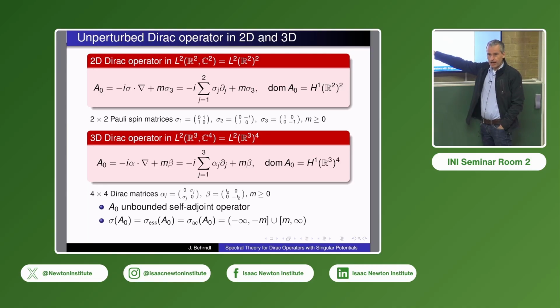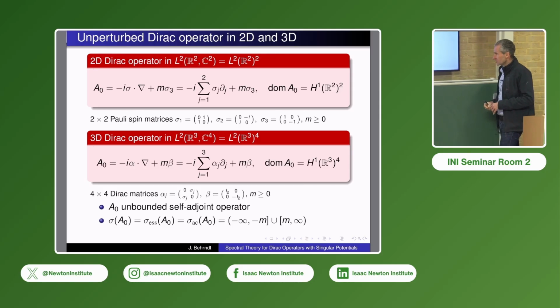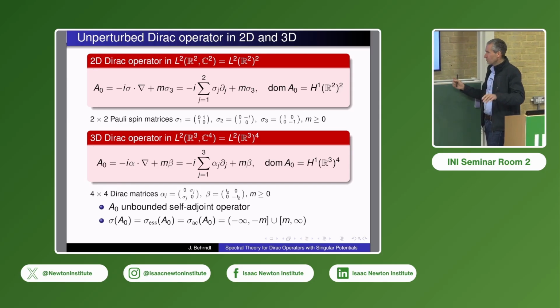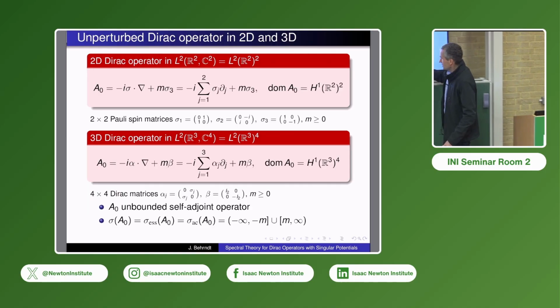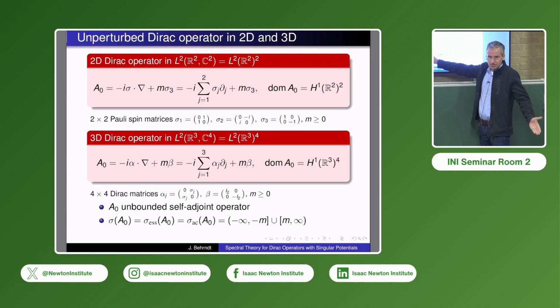Formally the gap could close: if m is 0, then it's obviously the full real line. But otherwise, it's a symmetric gap around 0, and this spectrum is purely continuous. It turns out to be even absolutely continuous. But the difficult thing here for further analysis is that it's not semi-bounded.